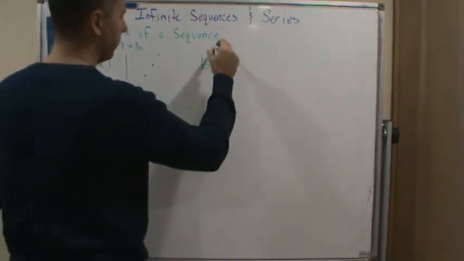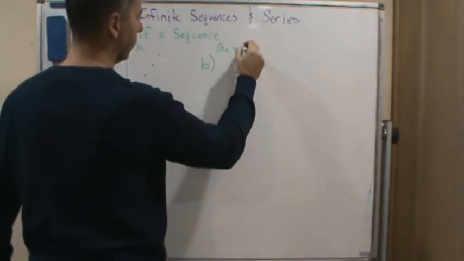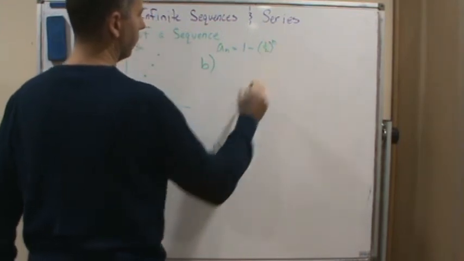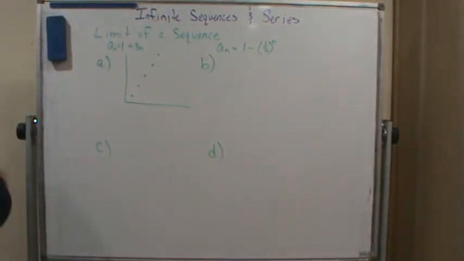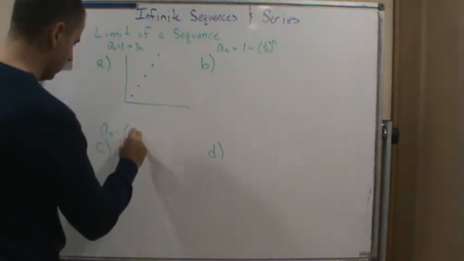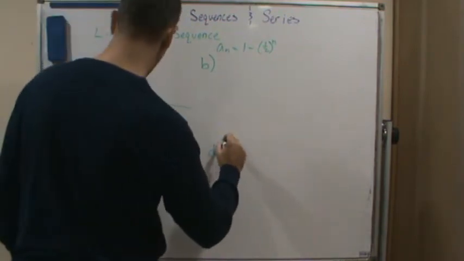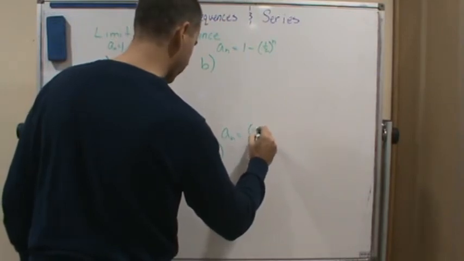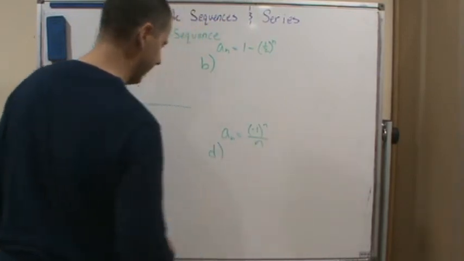B was 1 minus 1/2 to the n. C is a sub n equals -1 to the n, and D is that divided by n.